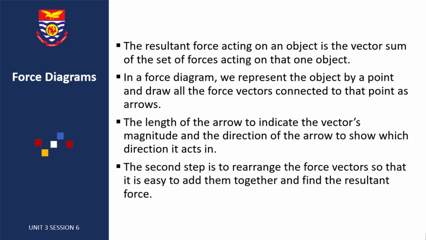The second step is to rearrange the force vectors so that it becomes very easy to add them together and find the resultant force. Note that we rearrange them so that we can know the various components and add the vectors, because force is a vector, and in the addition we can only add components that are in the same direction.